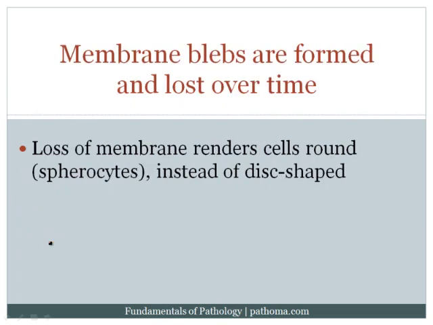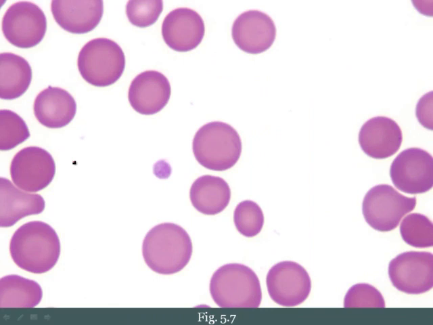Because of this, membrane blebs are lost over time, as I've already illustrated. The loss of membrane renders the cells round, i.e. spherocytes, instead of disc-shaped. This is what the cells look like. Notice that there is a loss of the central pallor, and the loss of central pallor is due to the fact that we no longer have the biconcave shape to the red blood cell.